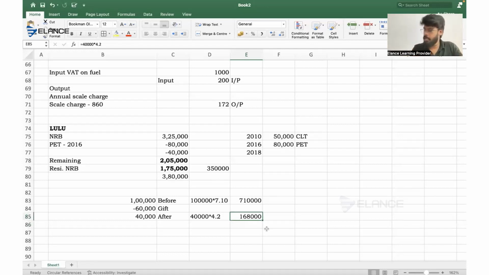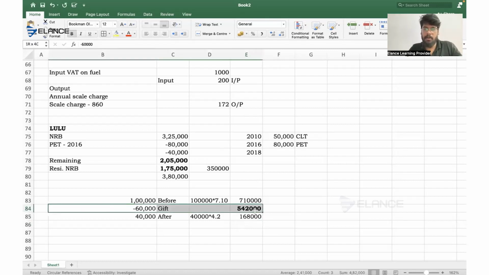So before making the transfer, the shares' value was 710,000. After making the transfer, it is reduced to 168,000. So the value transferred will be the difference between these two figures, 710,000 minus 168,000. The balancing figure will be the value transferred. It is the value of the 60,000 gifted shares.